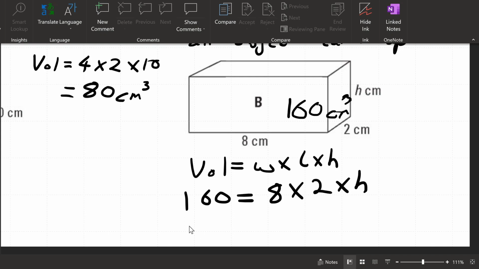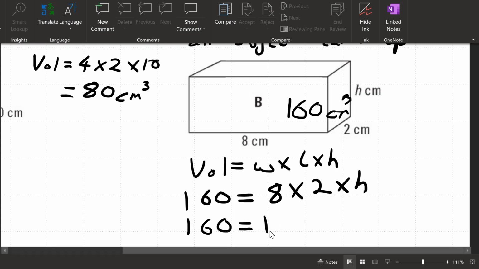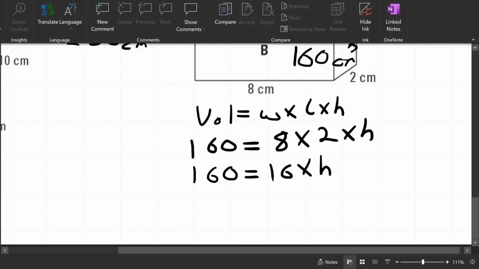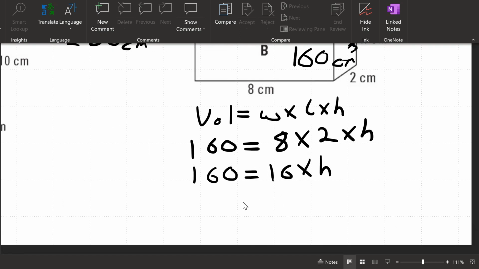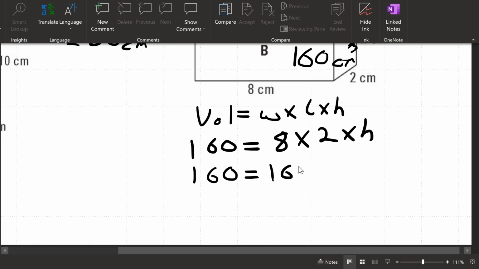Okay, so we can see 160 centimeters cubed equals 16 by the height. And finally, we can figure that out. We've already done maths like this before. I'm going to remove that multiply sign because you girls don't need it. You girls have already figured this sort of stuff out. And you'll go, wait a second, 10 centimeters will end up equaling the height.